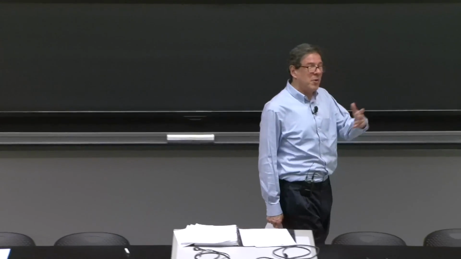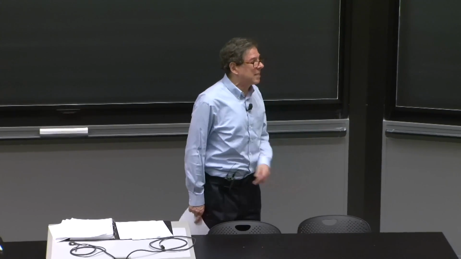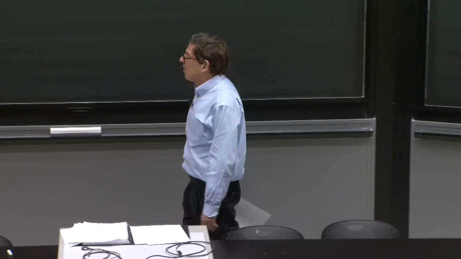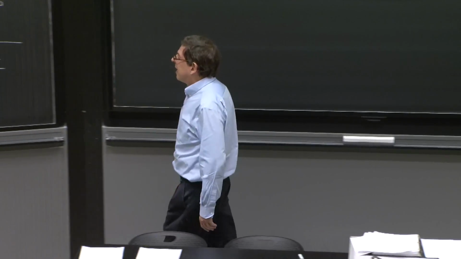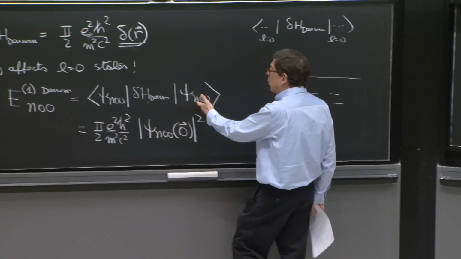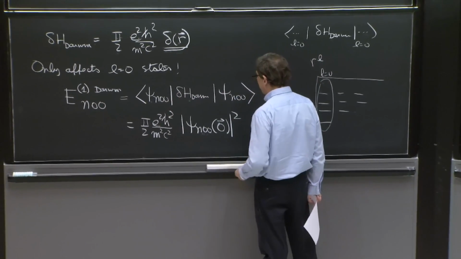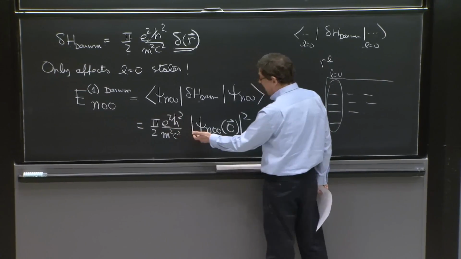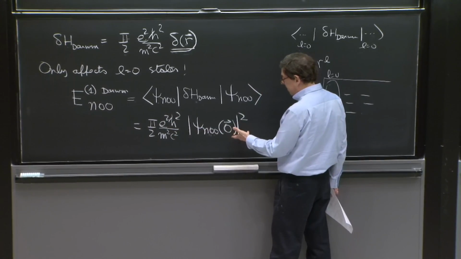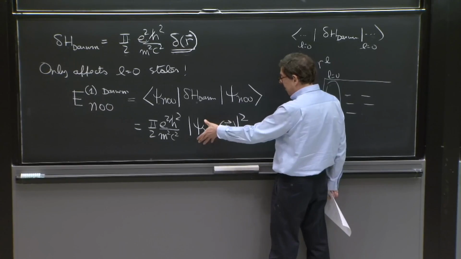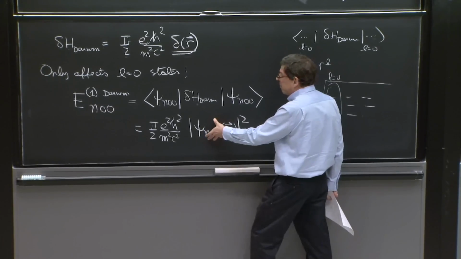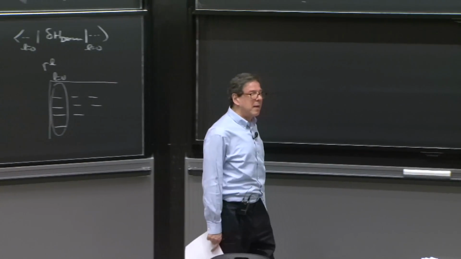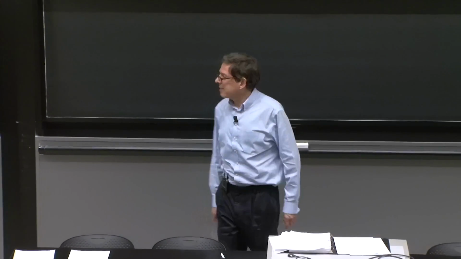See, if you have the wave function and you have not normalized it properly, how are you going to get the value of the wave function at the origin? This whole perturbation theory, we always assume we have an orthonormal basis. And indeed, if the normalization was irrelevant here, this number would change with the normalization and the correction would change. So you really have to be normalized for this to make sense.